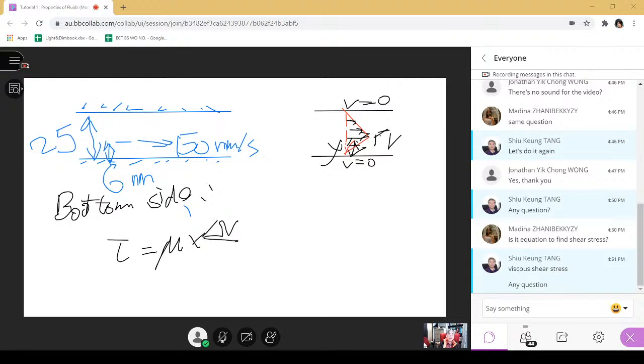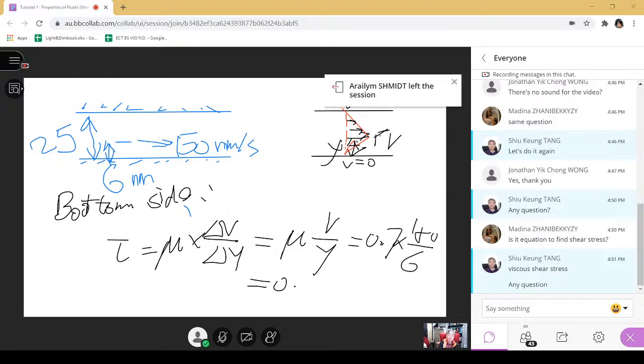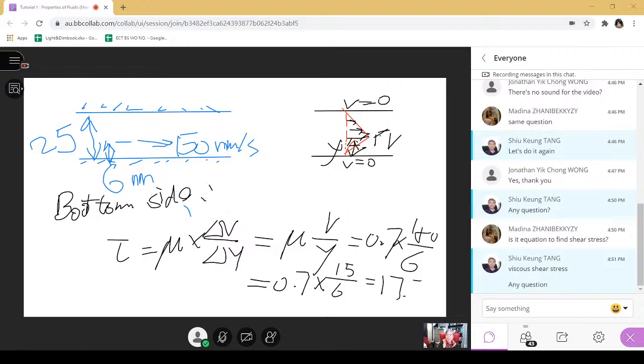It's mu v divided by y, where mu is 0.7, the velocity is 150 millimeter, and y is 6. So the viscous stress is 70.5 Newton per square meter.